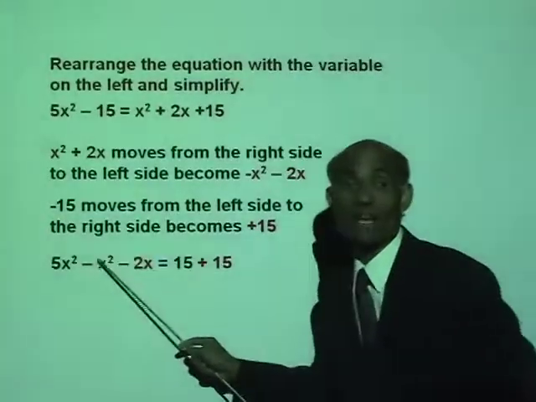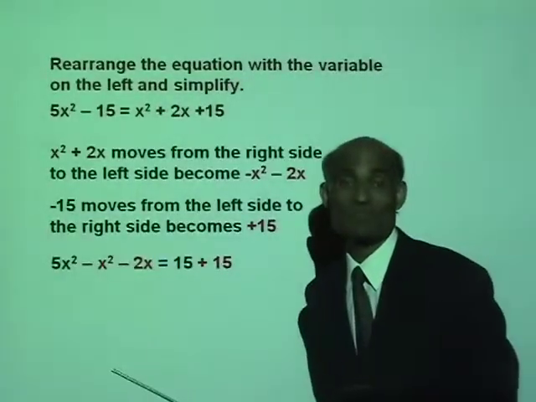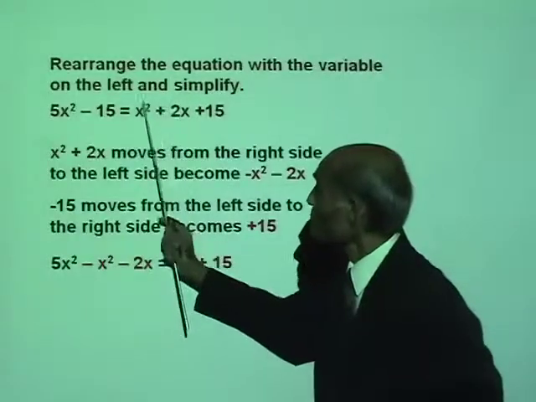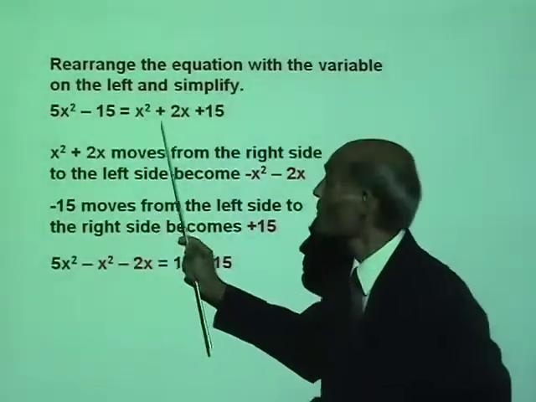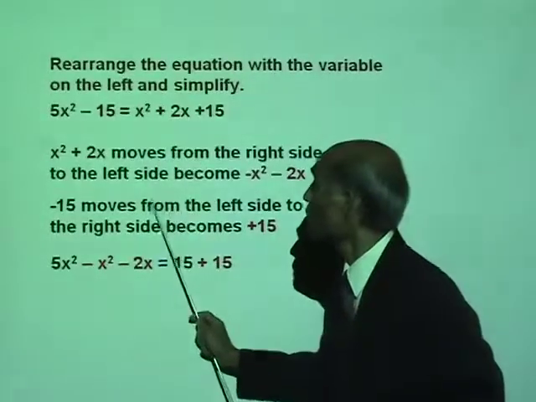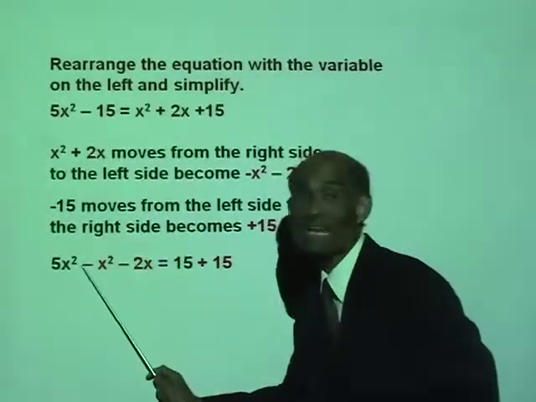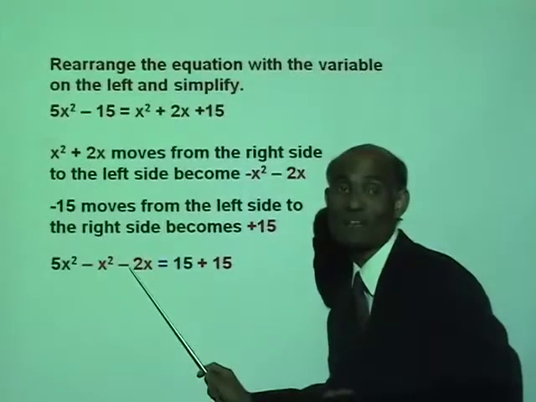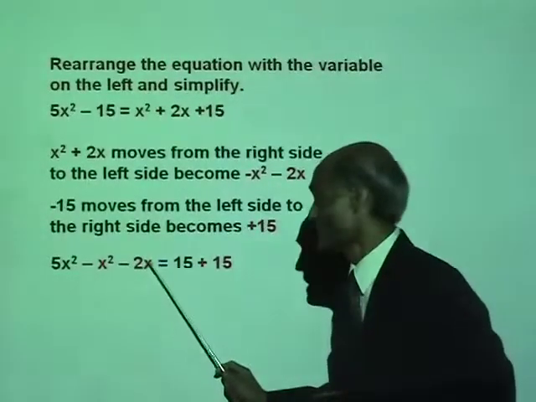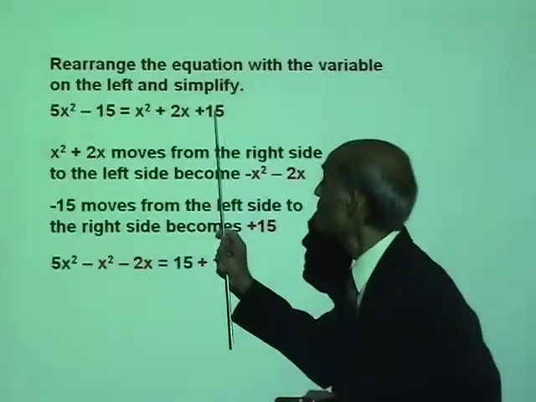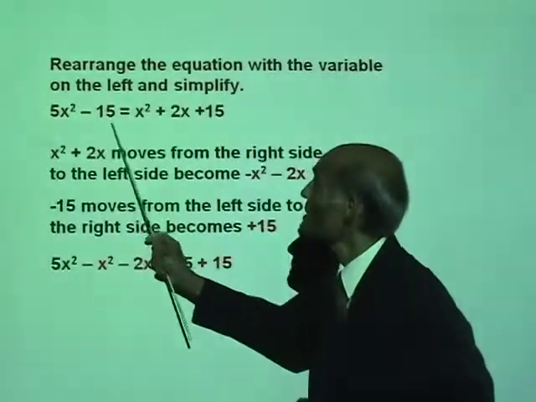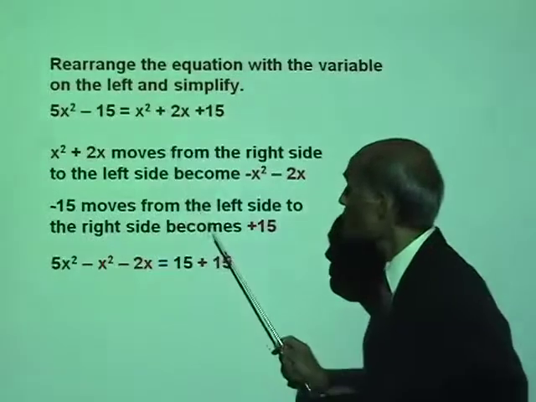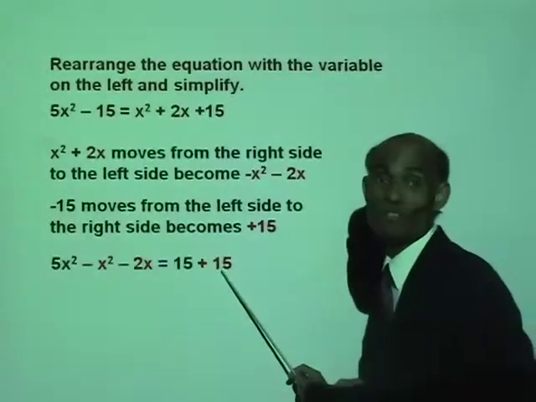Now look at what happens to the equation. This x squared plus 2x, which were originally on the right, are now sitting on the left as negative x squared minus 2x. Equal to, this 15 is already there, and the negative 15 from the left moves to the right, becoming positive 15.